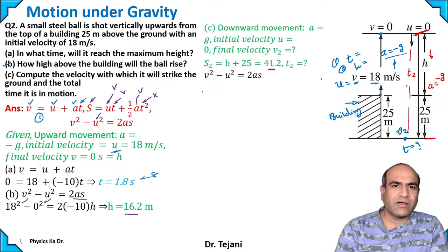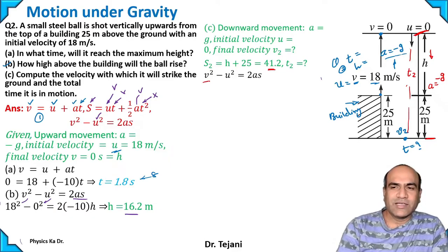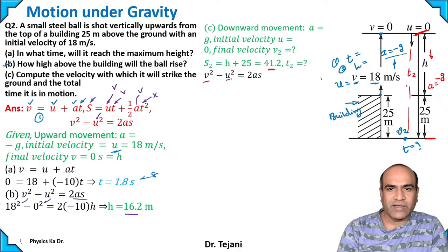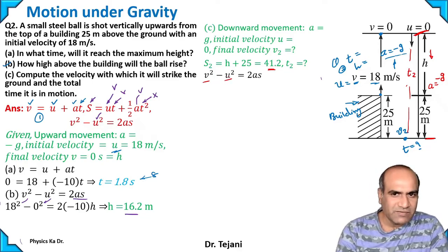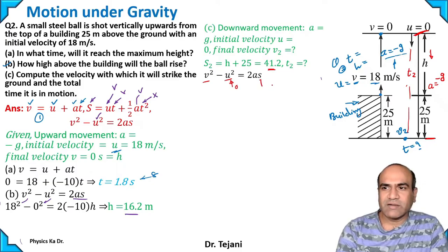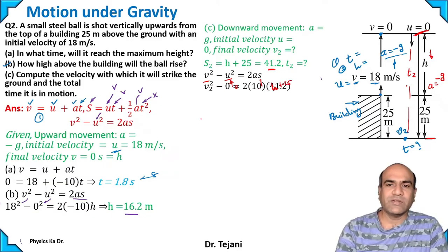The equation is the same. How to identify the equation? I don't think it is required now. V is the final velocity, u is the initial velocity, and the initial becomes 0. The distance traveled is h plus 25. Put the values here. You can see now.